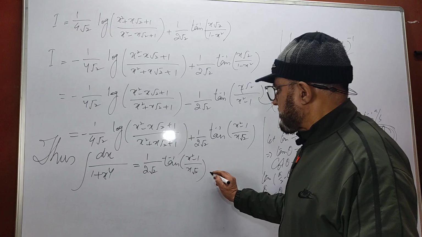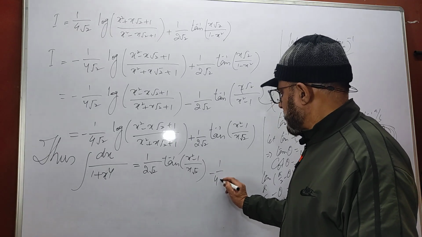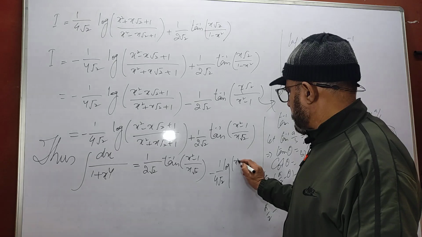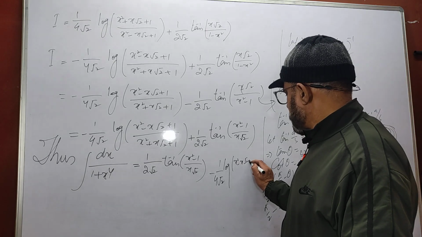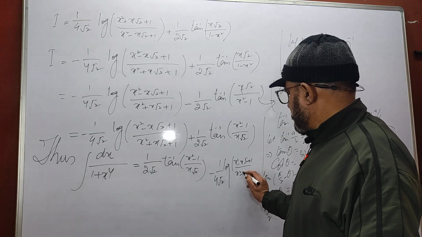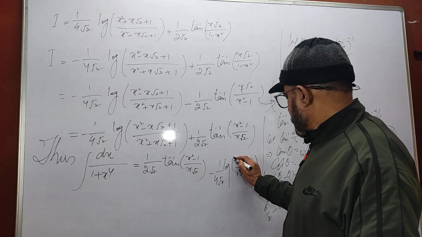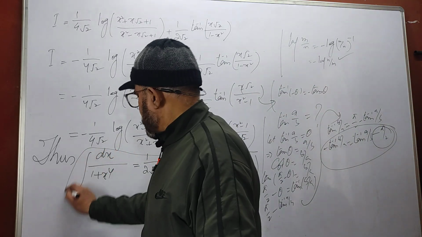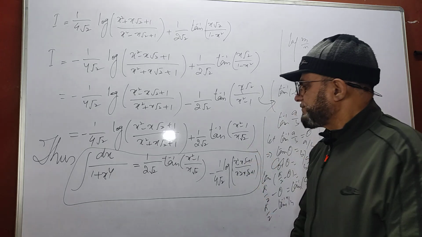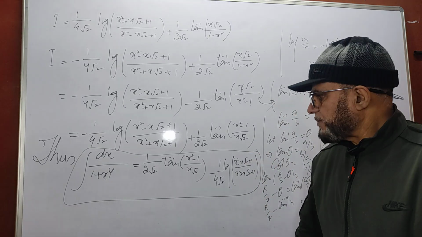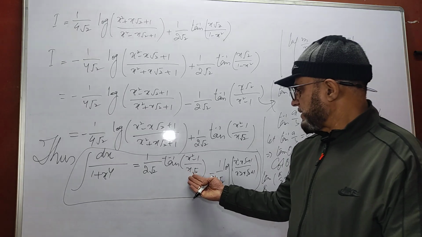Then last with this minus 1 by 4 root 2 log of x square minus x root 2 plus 1 by x square plus x root 2 plus 1. This is what you asked me: how integral of 1 upon 1 plus x4 dx is equal to this thing.